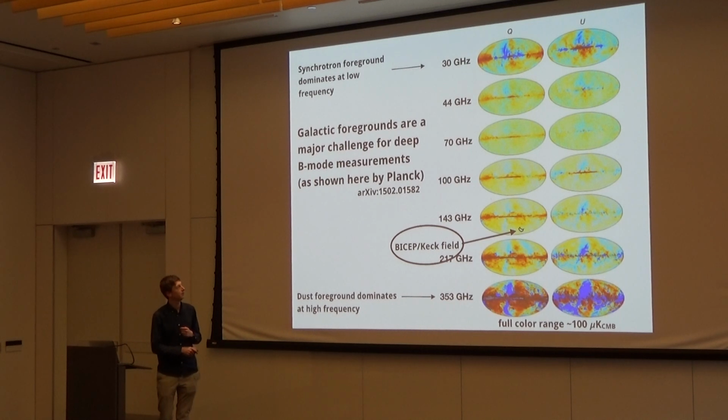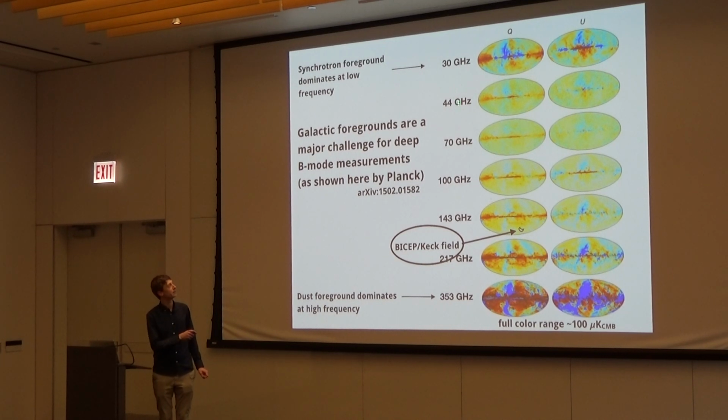These are full sky maps. In galactic coordinates, you can see the galactic plane here. And this highlights the challenge we face if you're trying to get to very sensitive measurements of the CMB.